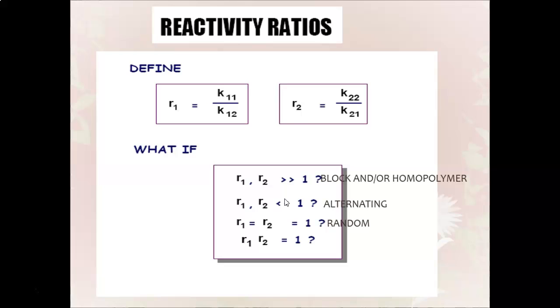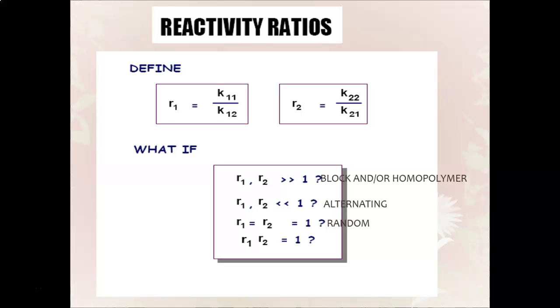The condition for the alternating copolymer is when both reactivity ratios are 0, meaning that they are less than 1. In this case, k11 and k22 are very small, and it means that there is no tendency for the radical to react with its own monomer. So in this copolymer, the two types of monomer units must therefore alternate along the polymer chain, leading to a completely alternating copolymer.